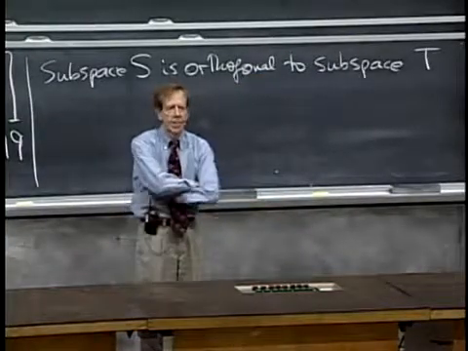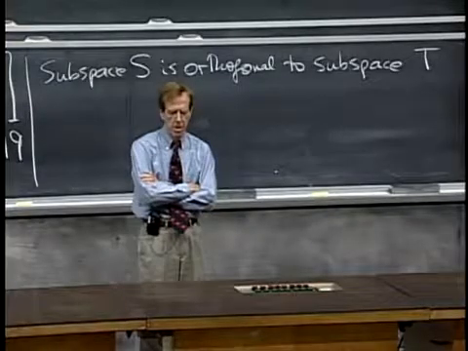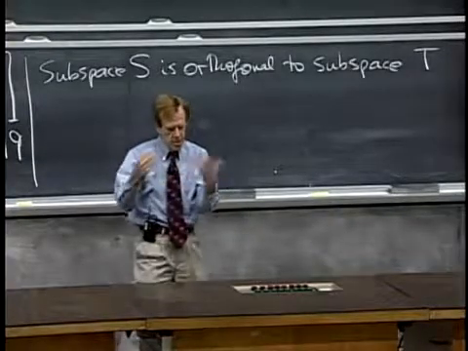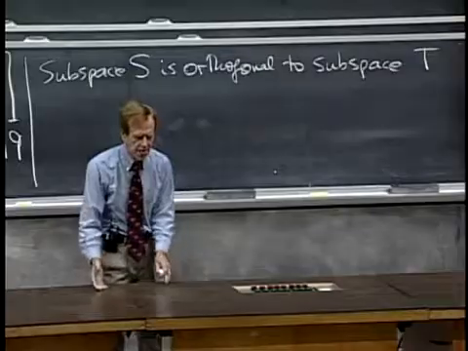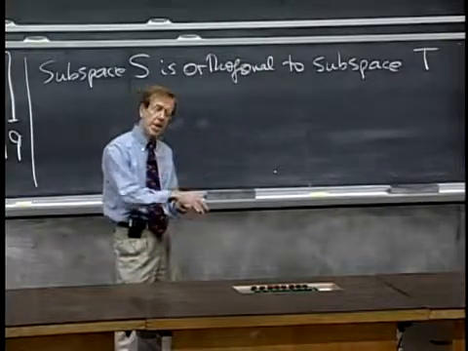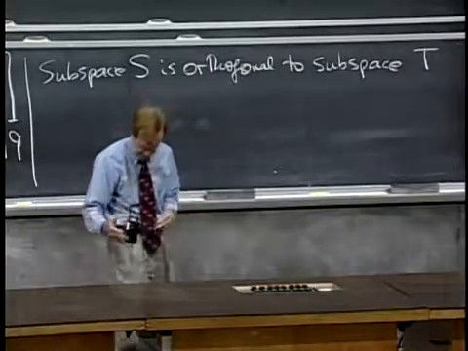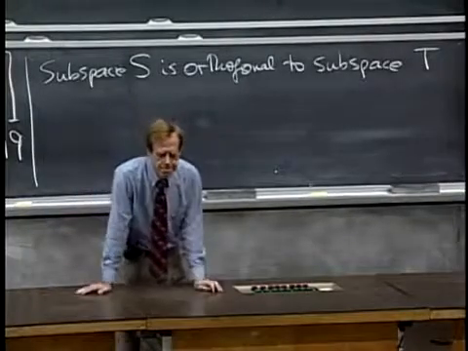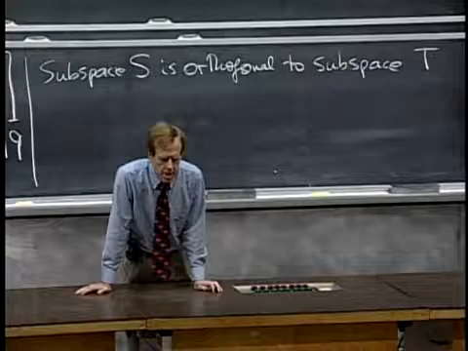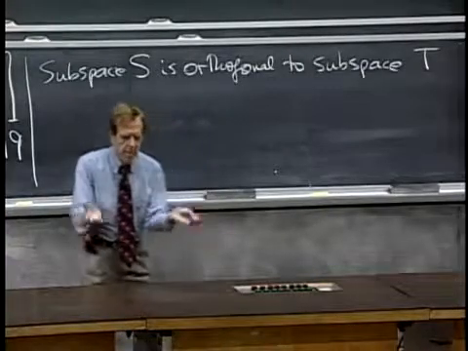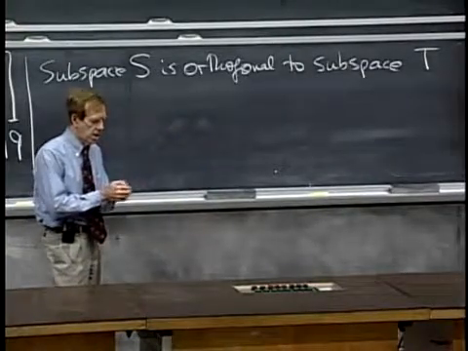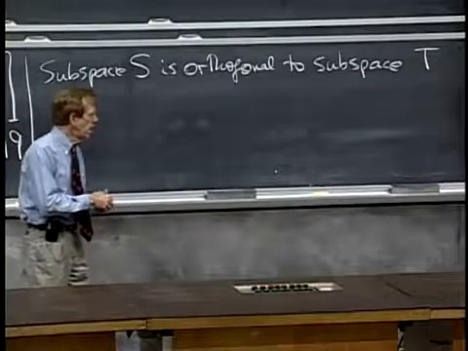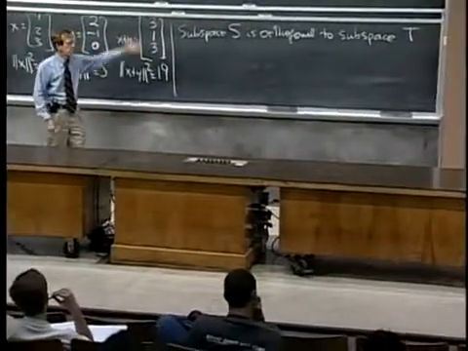And what should it mean for those guys to be orthogonal? It's just sort of, what's the natural extension from orthogonal vectors to orthogonal subspaces? Well, and in particular, let's think of some orthogonal subspaces, like this wall.